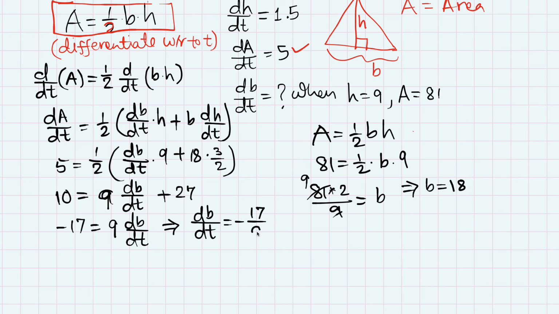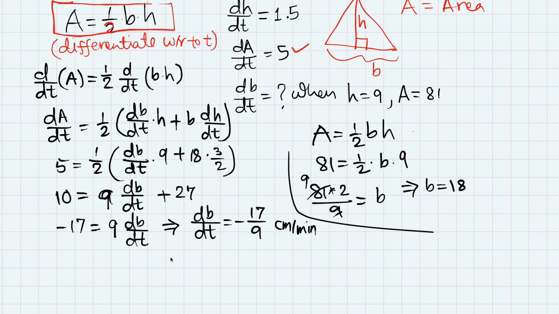This is b, the base length, so the unit is centimeter per minute. The area was square centimeter per minute, but in this case centimeter per minute. This negative sign means decreasing. Here the altitude was 1.5, so we didn't write positive, increasing, but this is decreasing.